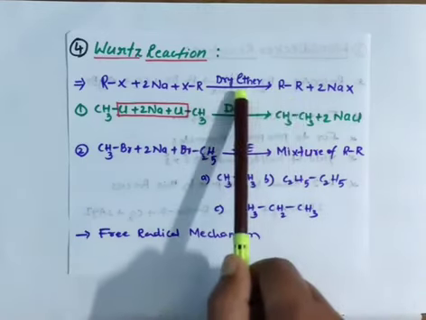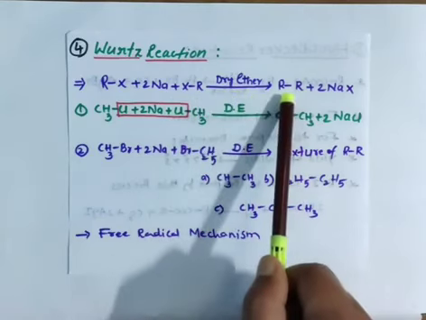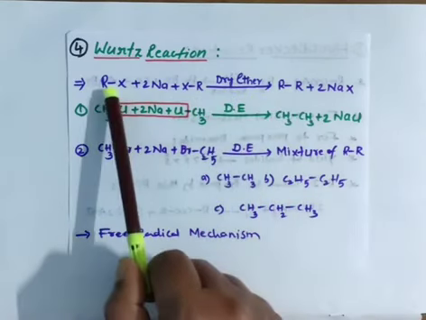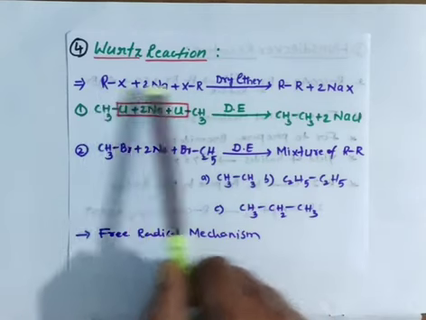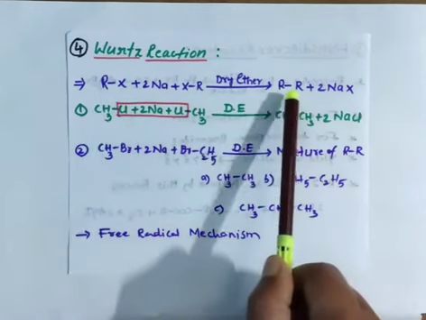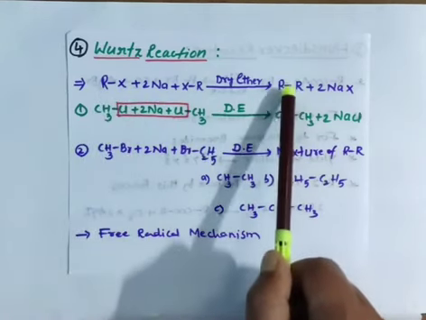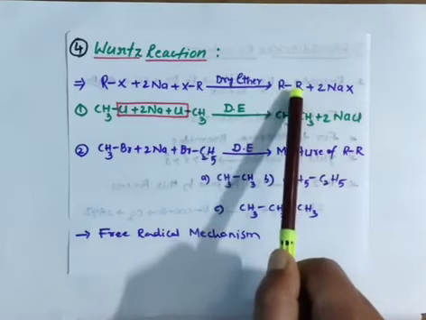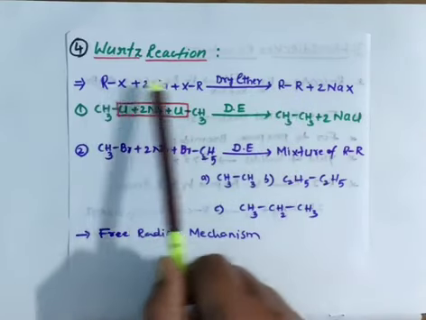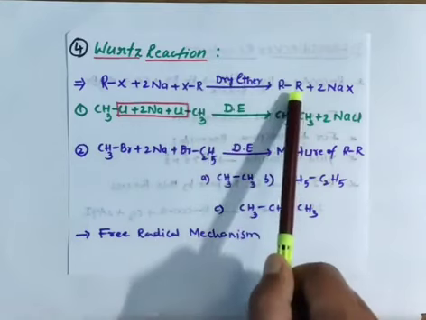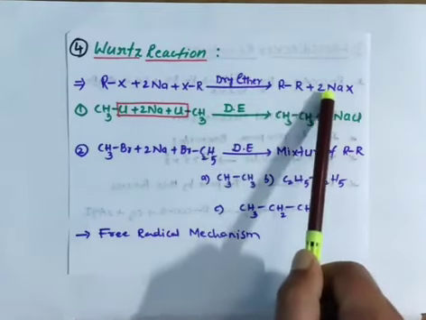And here one thing you have to remember: haloalkane we are taking, and you are getting an alkane product. The product which you are getting has more carbon atoms than the haloalkane. The carbon chain length is increased.